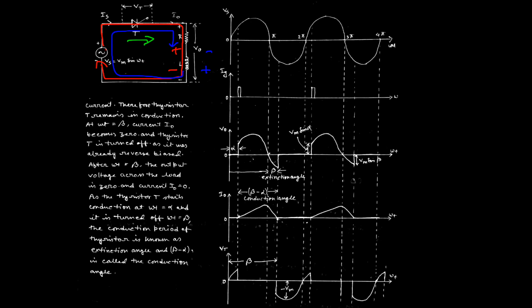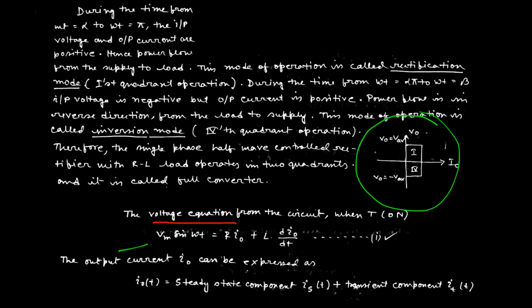When the current starts flowing in the circuit, the first voltage drop occurs across the resistance R. If we consider the current as i0, it is i0 into R. The inductor is also there, and the voltage across the inductor is L di/dt. So Vs, that is Vm sin omega t, is equal to i0 R plus L di0/dt. We can write the expression Vm sin omega t equals R into i0 plus L into di0/dt.